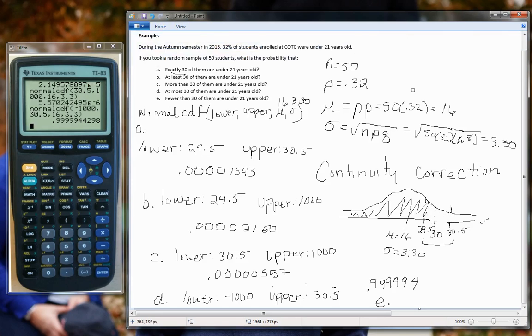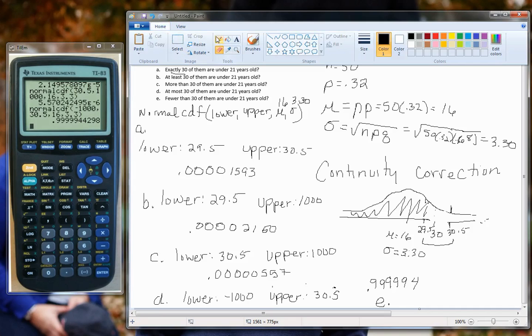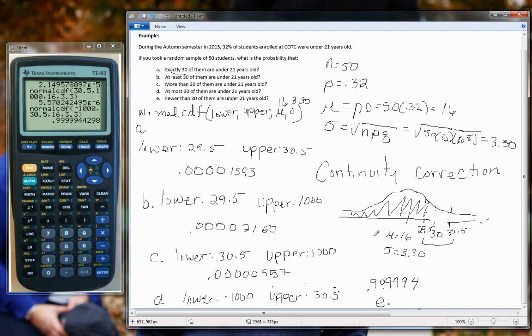So again, our lower will be negative 1,000, and our upper will be 29.5.